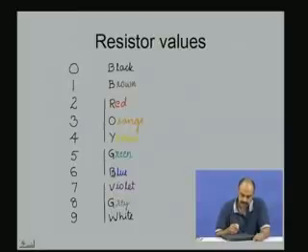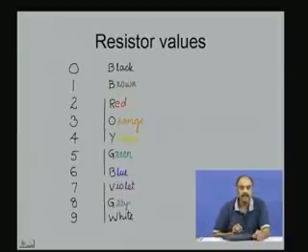GB is the short form for Great Britain, and VGW is the short form for very good wine. So you can remember the whole color code as BB ROY, Great Britain, very good wine, which will give you the sequence in which you can remember the color codes which represent the numeric values.